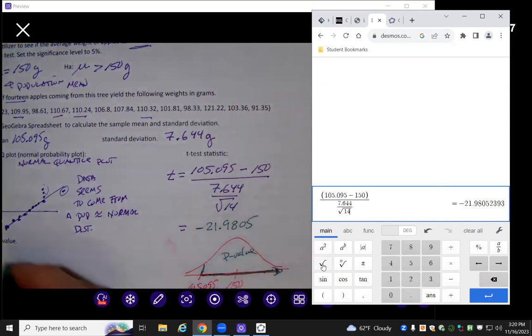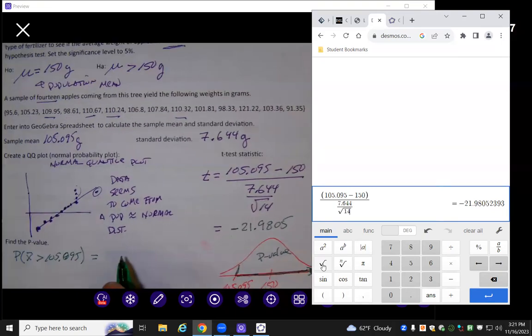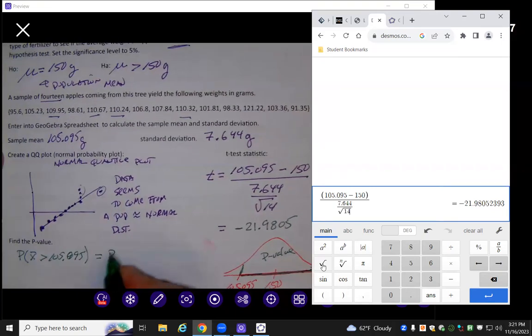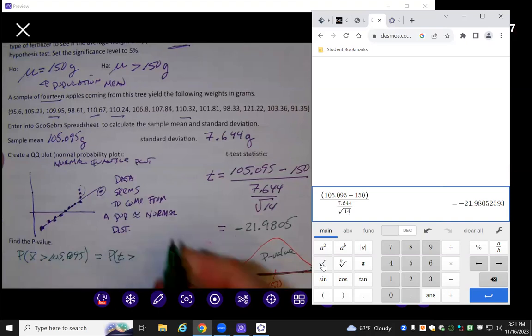So what I'm going to calculate is the probability that my sample average is greater than 105.095, which as a t value is negative 21.9805.